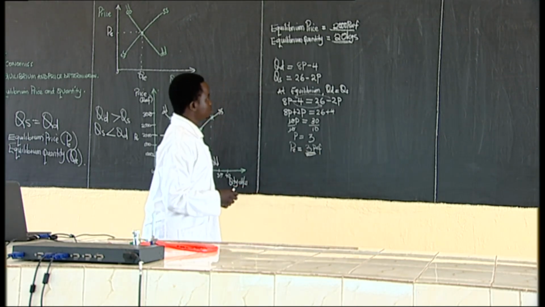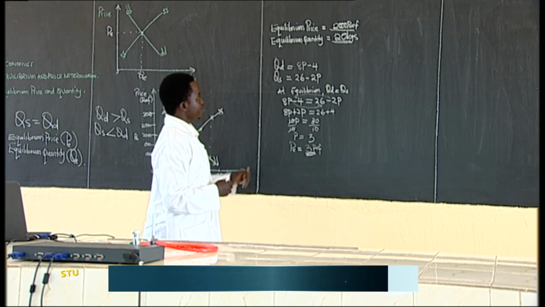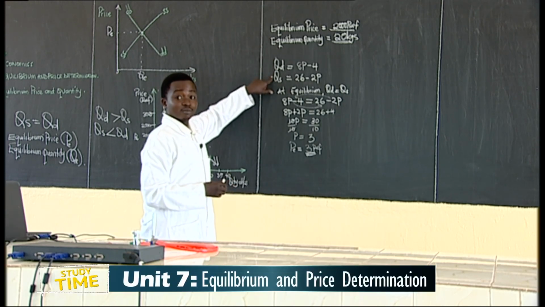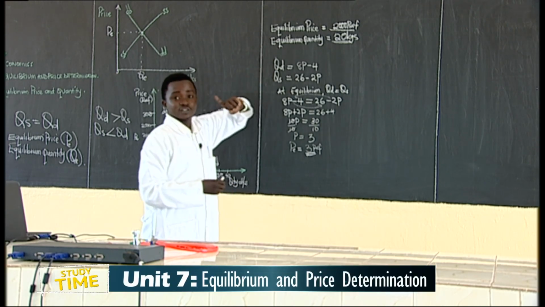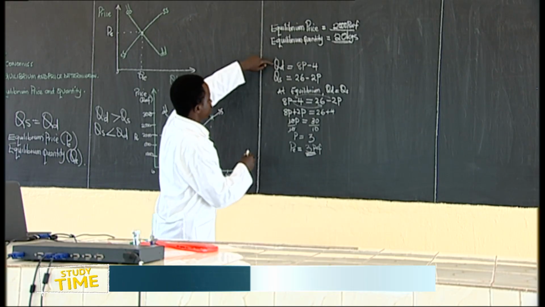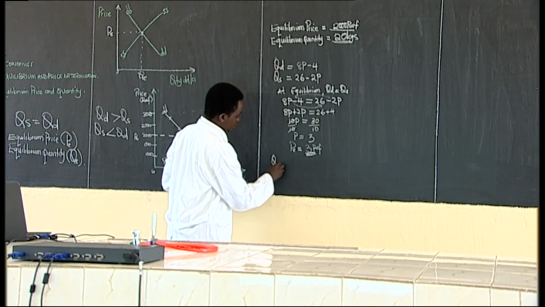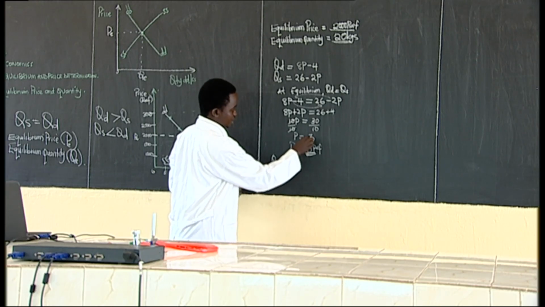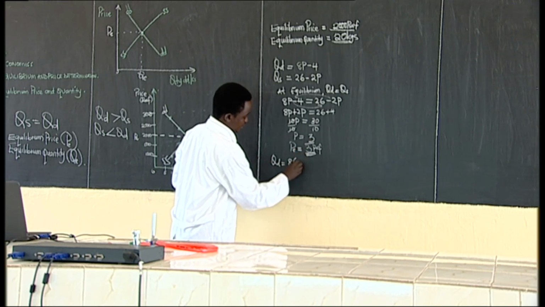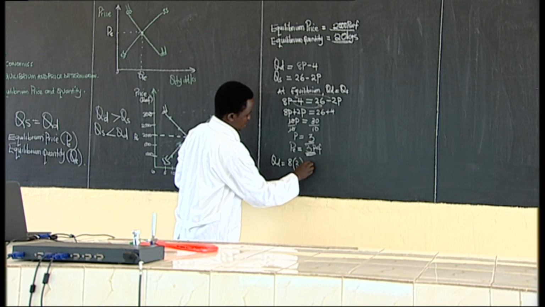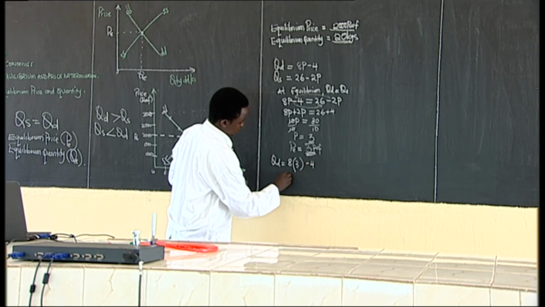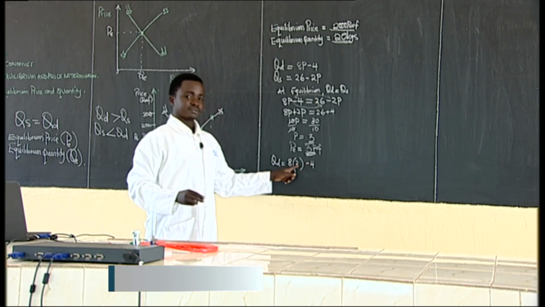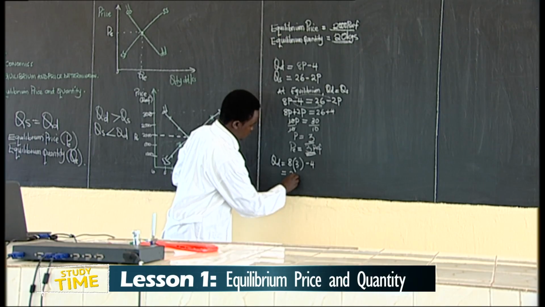Then we can substitute to get our equilibrium quantity. From either of the equations, they should give the same answer. For example, using quantity demanded equal to 8 times the value of P, the value of P is 3, then minus 4. 8 times 3 gives you 24.